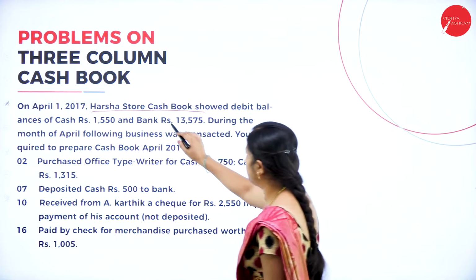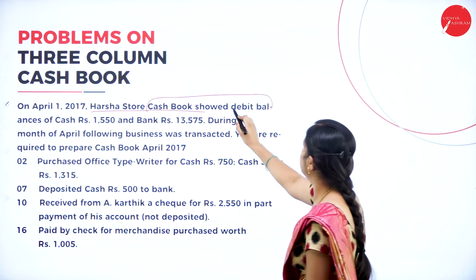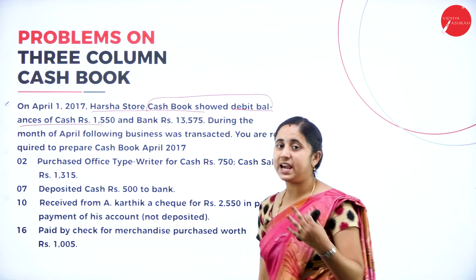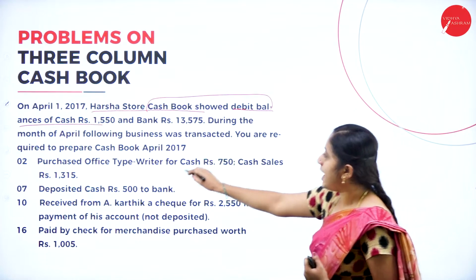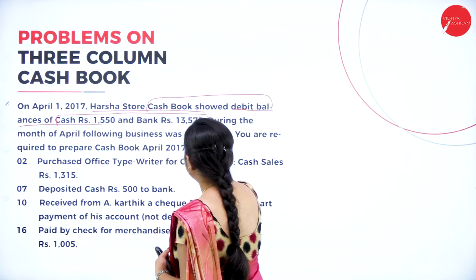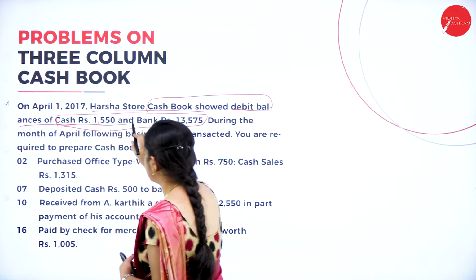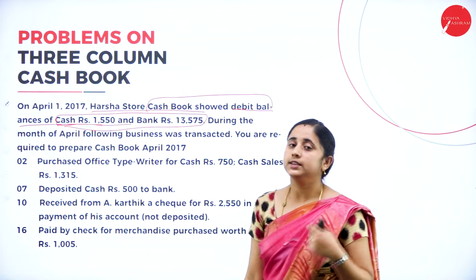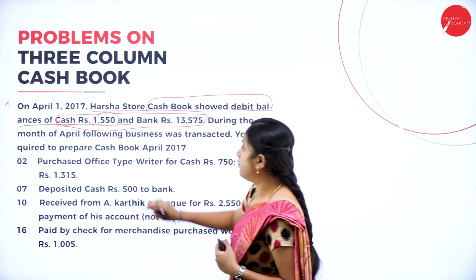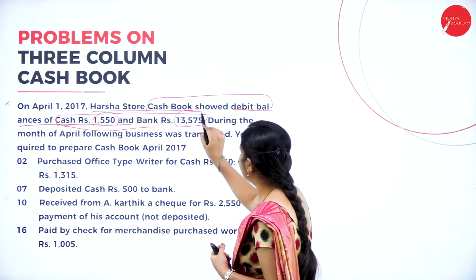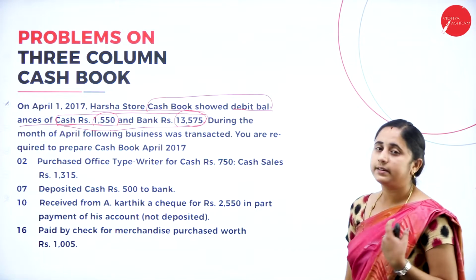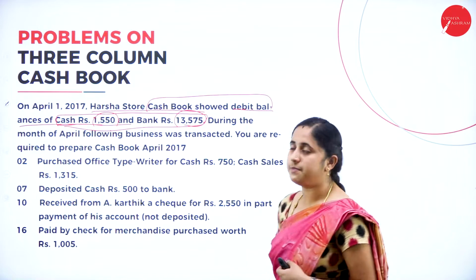His cash book shows the debit balance. Debit balance means the receipt side, debit balance of cash. We have three columns to record the amount. First, cash. That means balance brought down, cash rupees 1,550 and bank rupees 13,575.